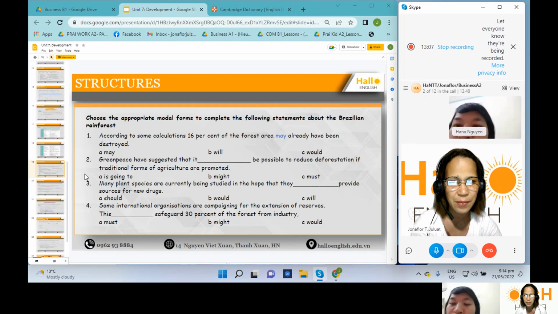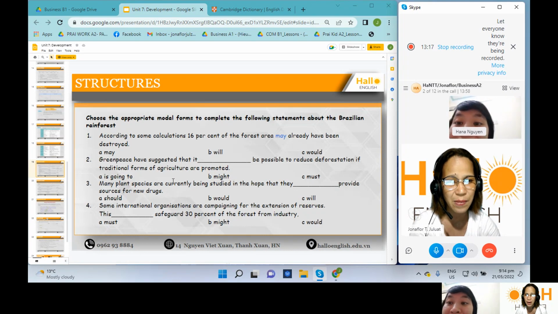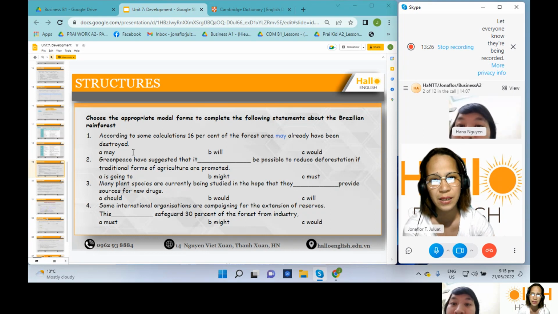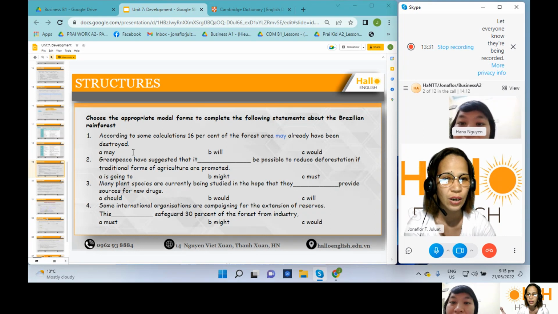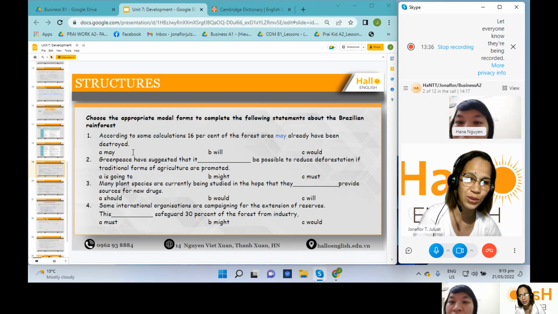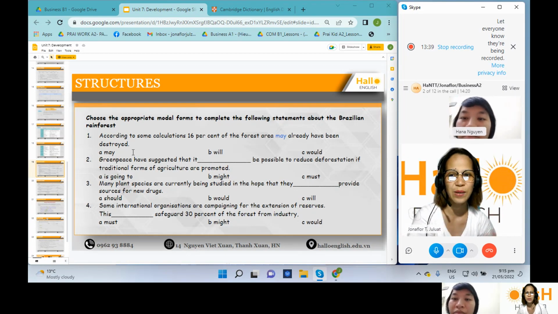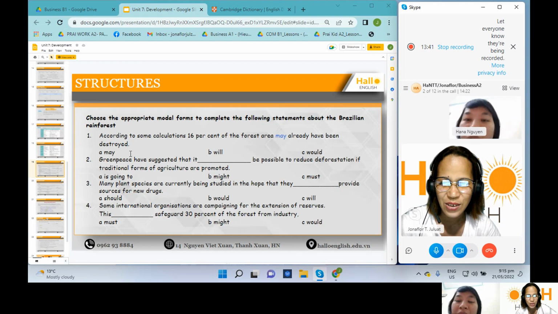Might, is going to, or must? I think it's might, because you use might for possibility. This sentence is about the possibility that it will reduce the deforestation if traditional forms of agriculture are promoted. So you will use might.